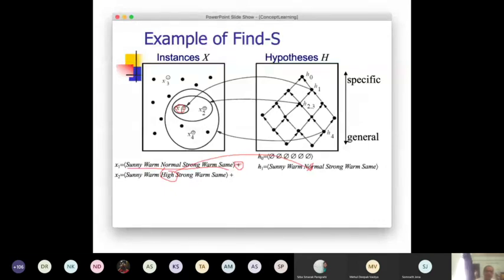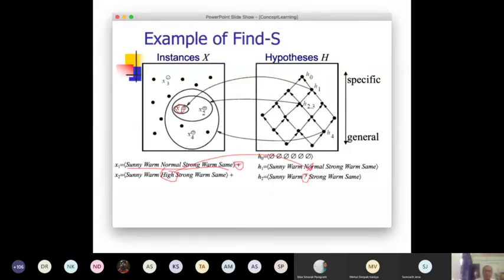That means you should replace it by any value. So the next will be H2, and here you can see that this one is replaced by a question mark.